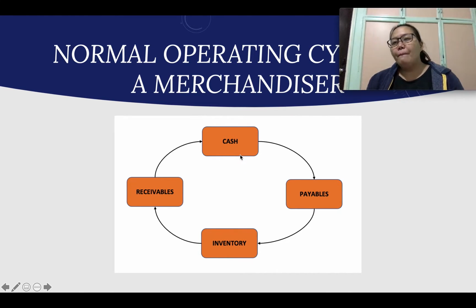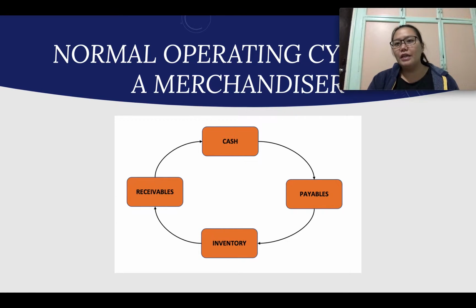So as compared to the normal operating cycle of a service business, the normal operating cycle for a merchandiser is relatively longer, because for a service business, our customers pay us immediately for the services provided.